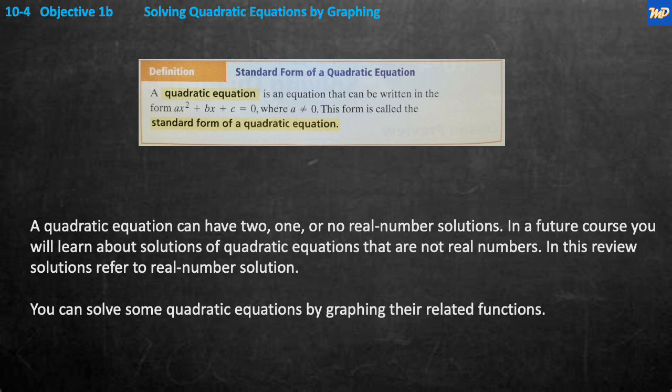So a quadratic equation can have 2, 1, or no real number solutions. In a future course, you'll learn about solutions of quadratic equations that are not real numbers. In this review, solutions refer to real number solutions. You can solve some quadratic equations by graphing their related functions.